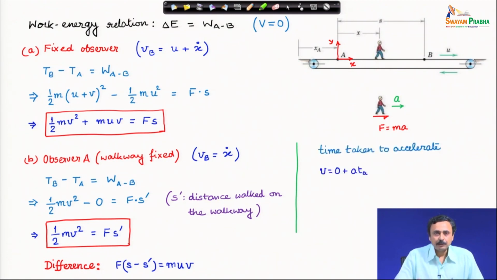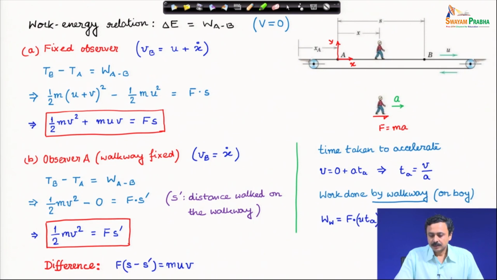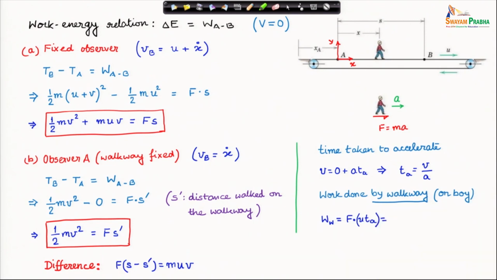Now, let us try to calculate the time required to accelerate. Final velocity v equals initial velocity 0 plus acceleration into time of acceleration, which means the time of acceleration must be equal to v by a. Now, let us try to calculate the work done by the walkway on the boy.